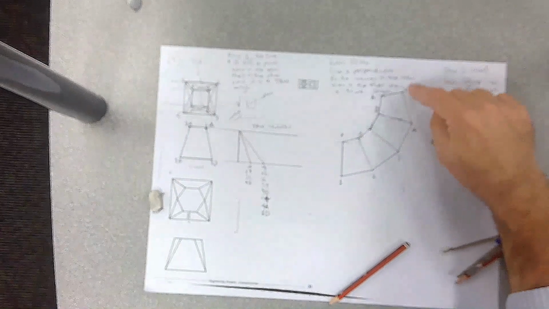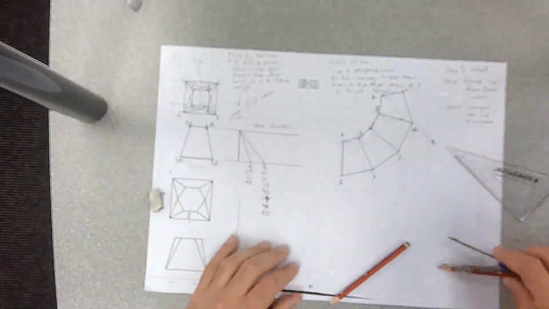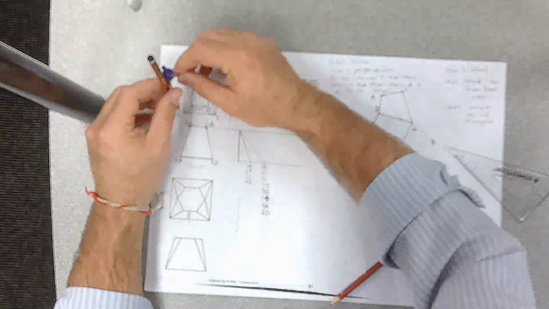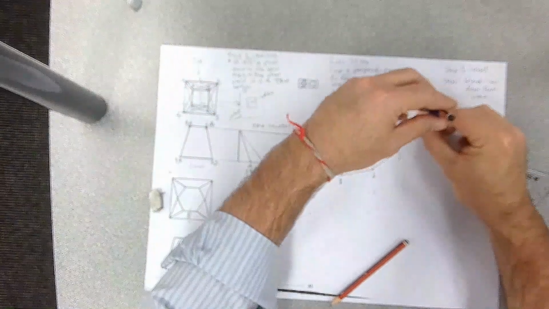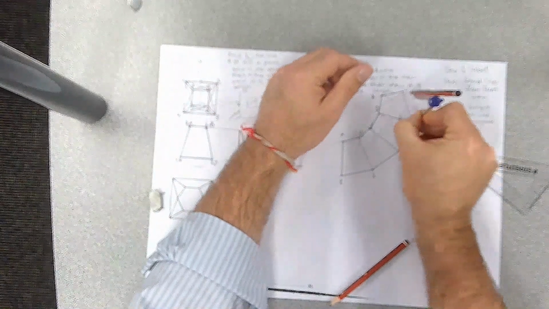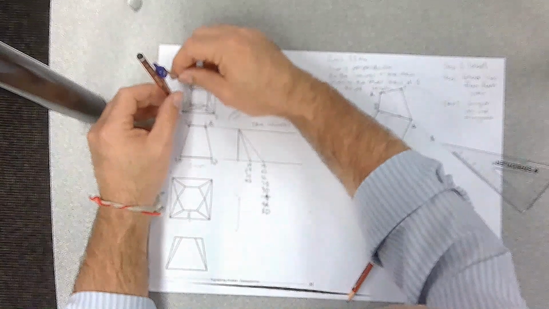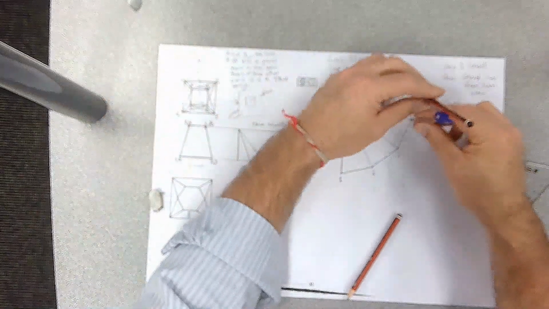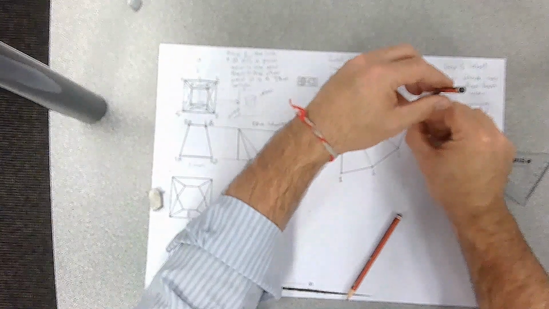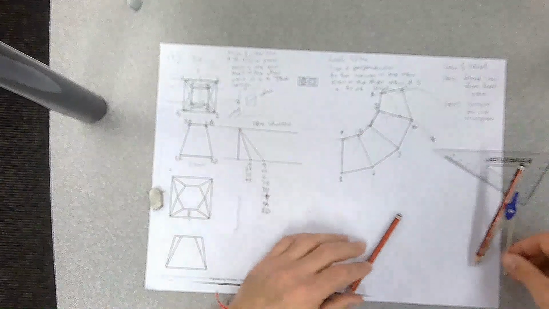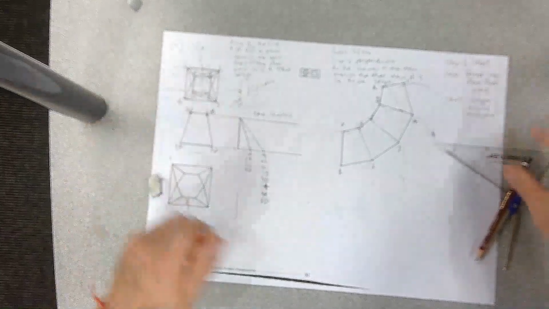So 4 to 1, 1, 4 is a true length, and then we need to go from D to 1.